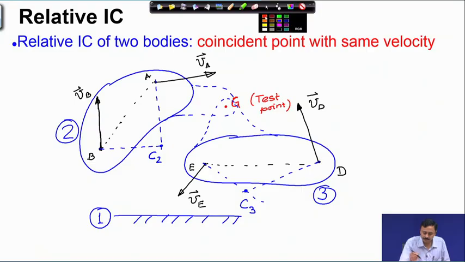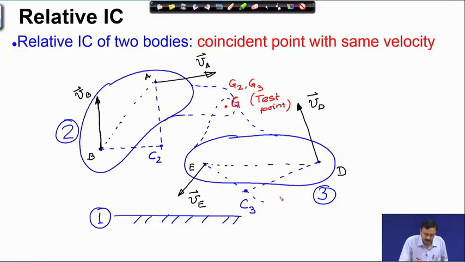In other words, there are 2 points G2 and G3. When it belongs to body 2 or extension of body 2, it is G2. When it belongs to the extension of body 3, it is G3. Let me ask whether the velocity at G as seen from body 2 and as seen from body 3 are equal or not, because that is the relative instantaneous center of rotation.